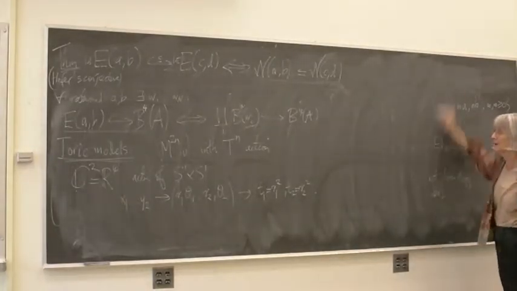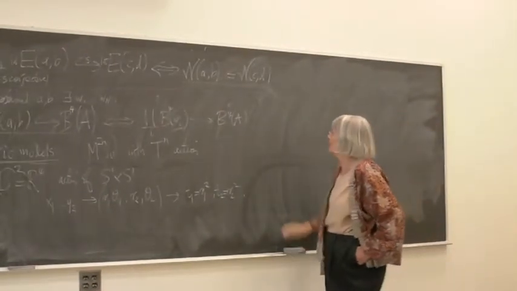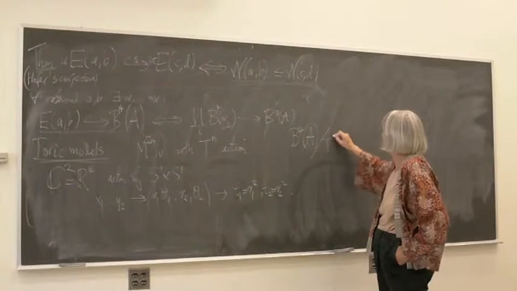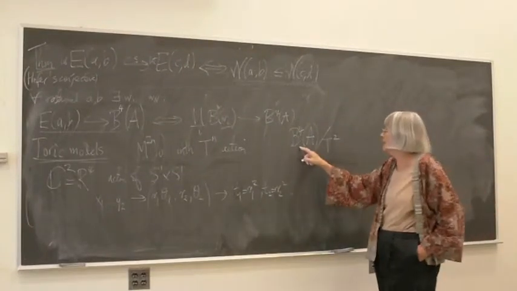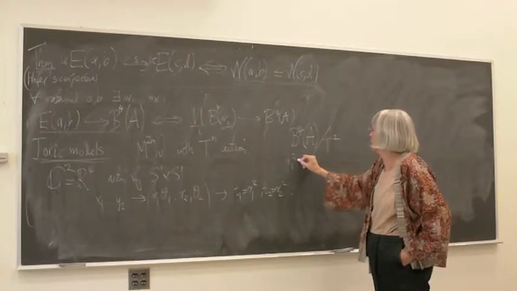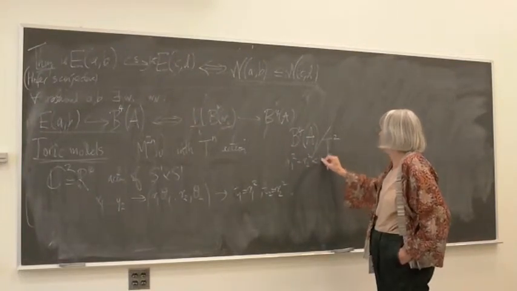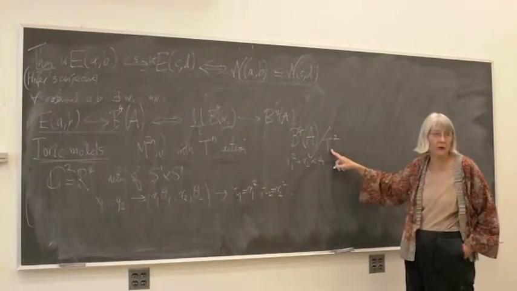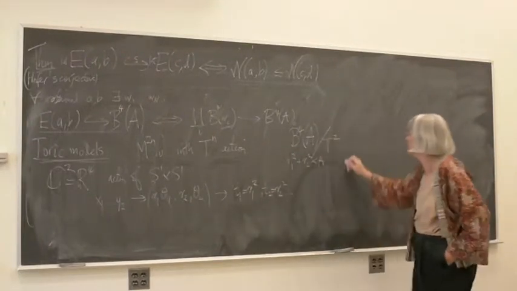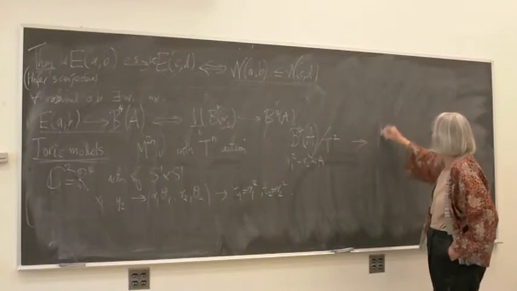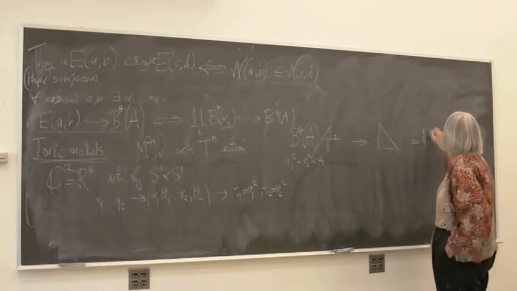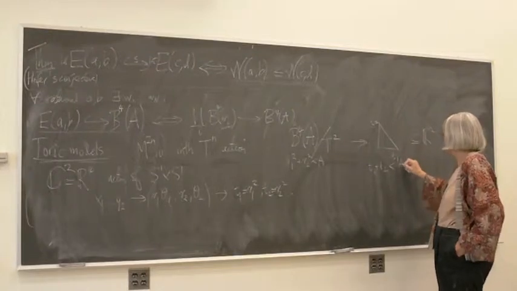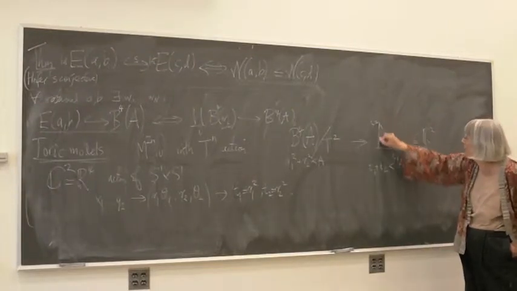Anyway, if you take the ball of size A and just look at its quotient by this torus action, then this ball is given by r1 squared plus r2 squared less than A. When you quotient out by the torus action and use these coordinates t1 and t2, that goes to a sort of right triangle sitting in the t1, t2 plane, given by t1 plus t2 less than A, and t1 and t2 are obviously positive.